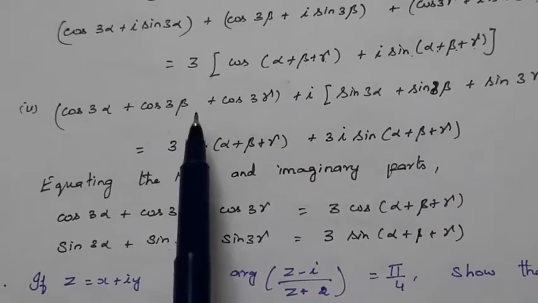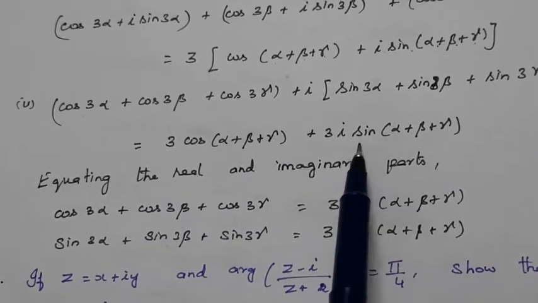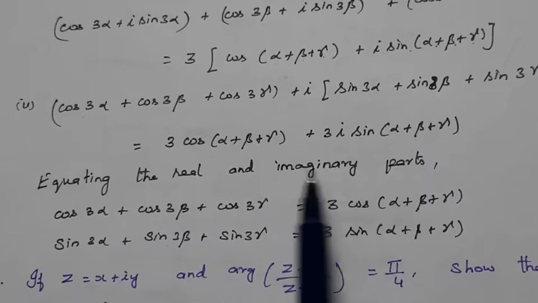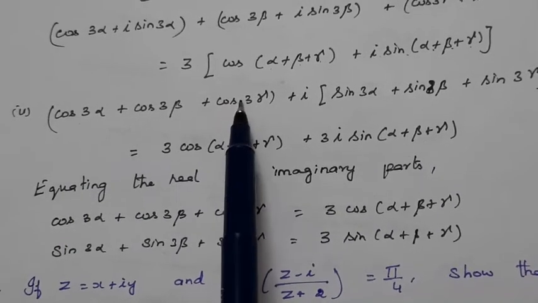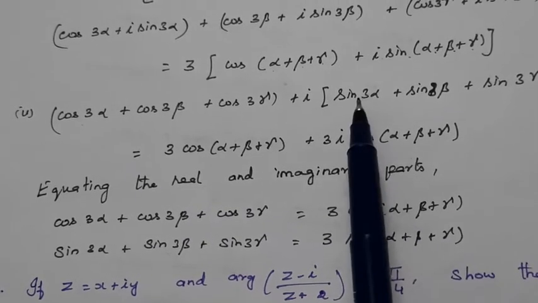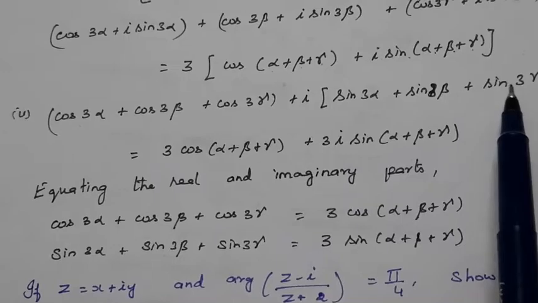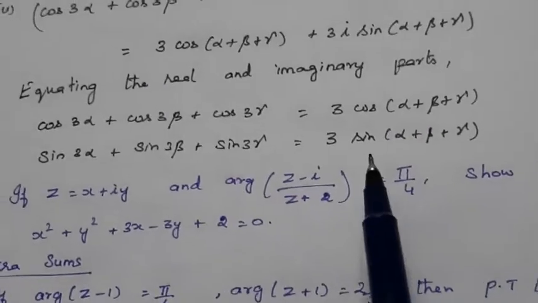Now, these two are complex numbers and therefore they are equal, means the corresponding real and imaginary parts are equal. So, equating the real and imaginary parts, we have the required result: cos 3 alpha plus cos 3 beta plus cos 3 gamma equal to 3 cos of alpha plus beta plus gamma, and the imaginary part, sin 3 alpha plus sin 3 beta plus sin 3 gamma equal to 3 sin of alpha plus beta plus gamma, and hence the proof.